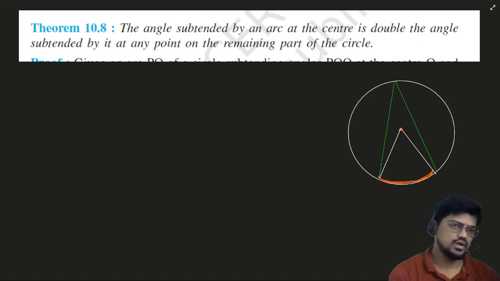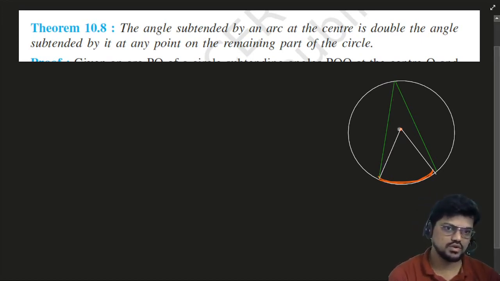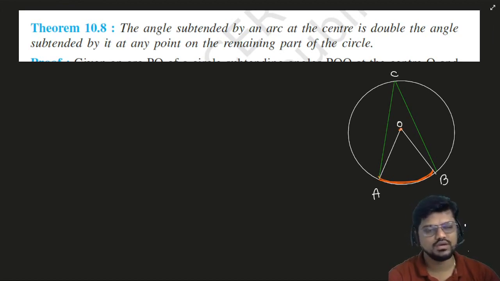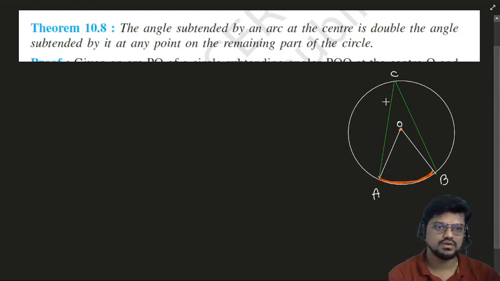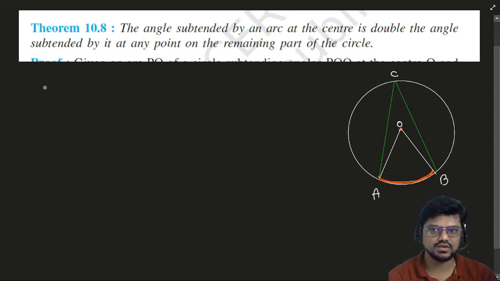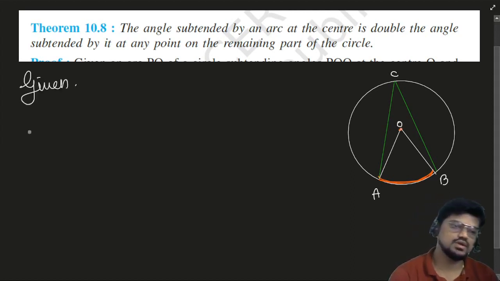See over here what you have to do. Suppose this is your O, this is your A, B, and this is your C. Now to do this, I will be drawing this line. First, I'll write what is given and what we have to prove. What is given?